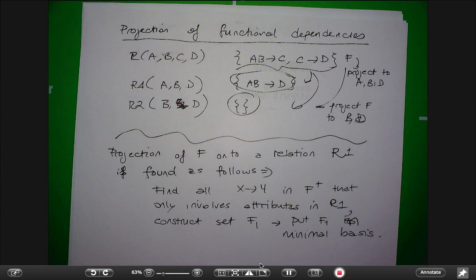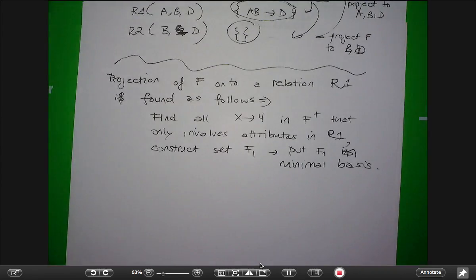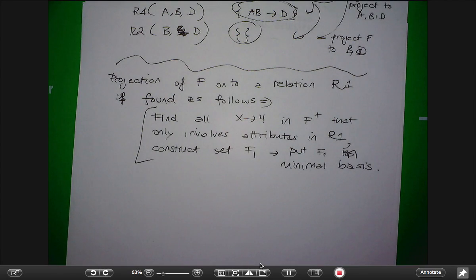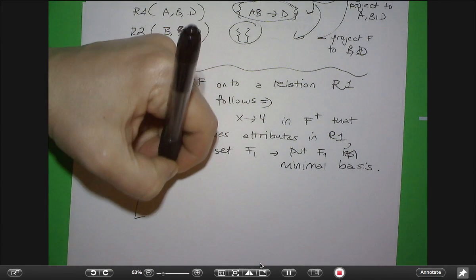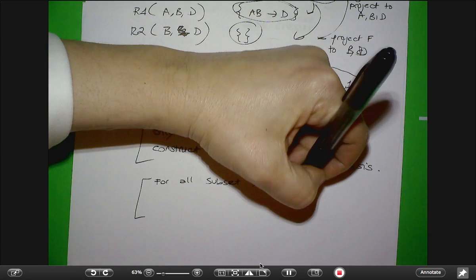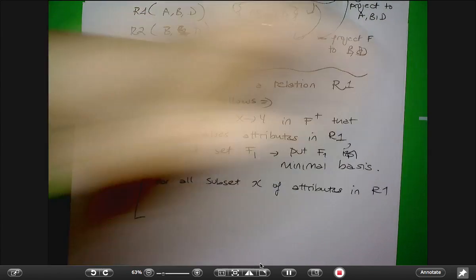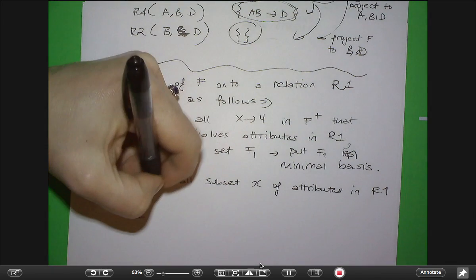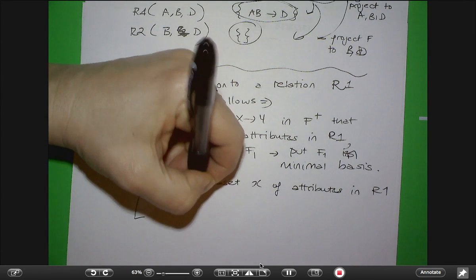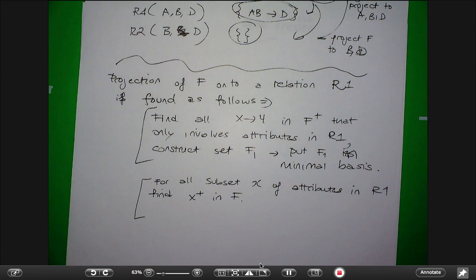If you don't like this exponential algorithm for finding the projection, I'll give you another exponential algorithm. So if you don't like this, what we can do is for all subsets X of attributes in R1, find X plus in F. Okay.